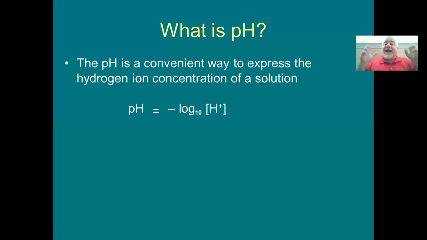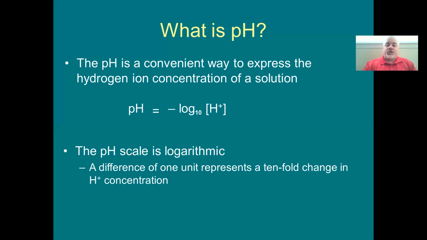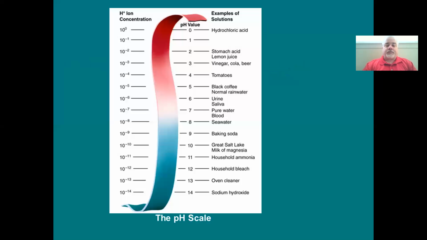So with a really high hydrogen ion concentration, I have a very low pH. And I'll show you that on a graph in a moment. So what did I just say? The pH scale is logarithmic. A difference of 1 unit represents a 10-fold change in hydrogen ion concentration, or effective hydrogen ion concentration.